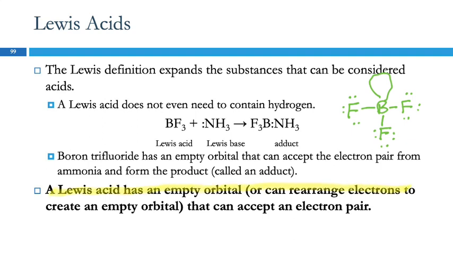So a Lewis acid has an empty orbital, or can rearrange its electrons to create an empty orbital that can accept the electron pair.